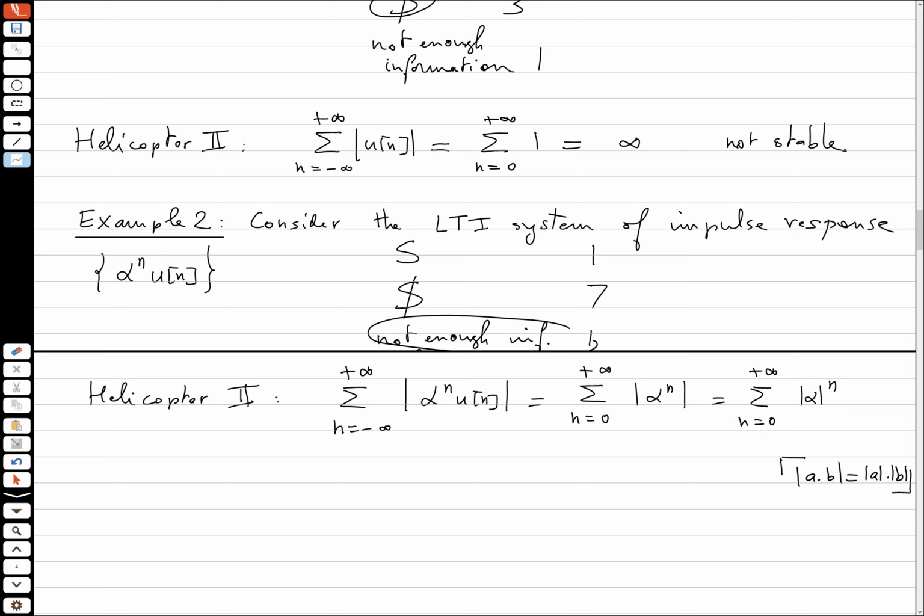Hint: it's something you learned in Calculus 001. You must have learned this. This is converging if and only if the ratio is less than one. Okay, so this converges, this is a geometric series.